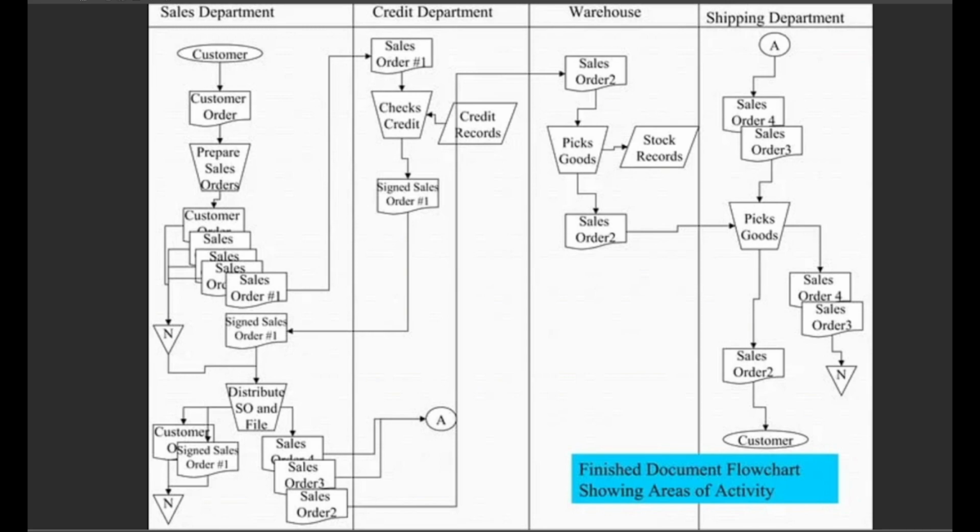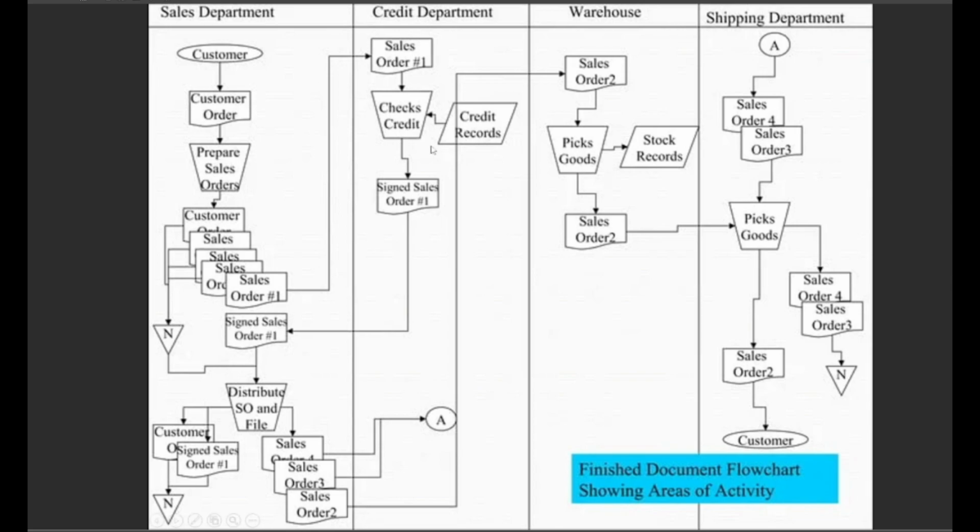other purposes later on. So now the sales order will go to the credit department to check if the customer has an existing balance or other details about the customer. So they will check the sales order, they will check the credit of the customer.